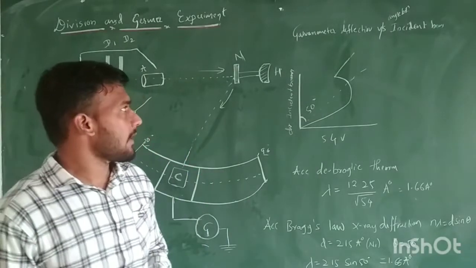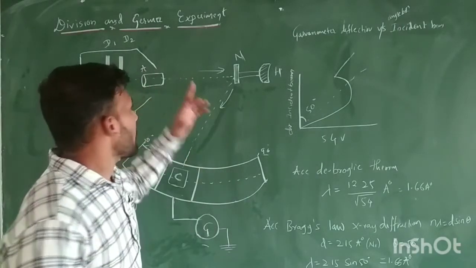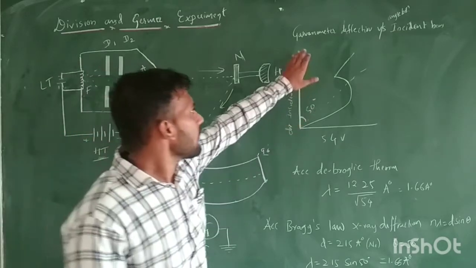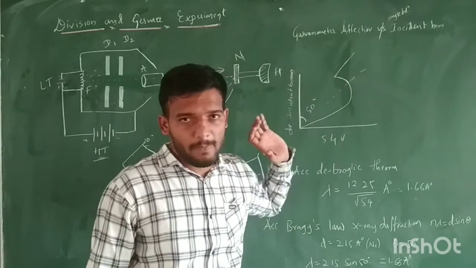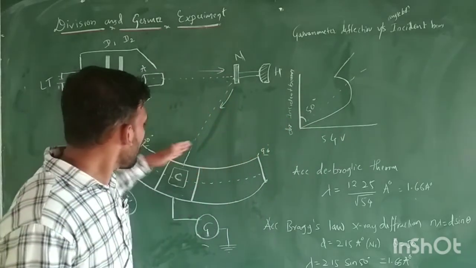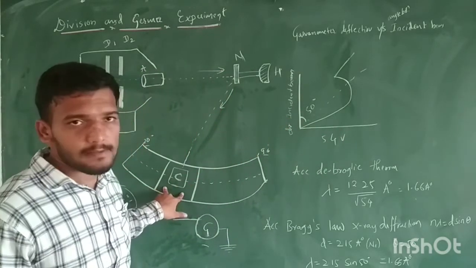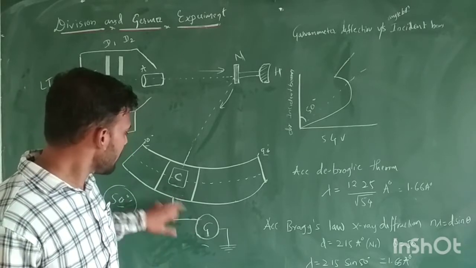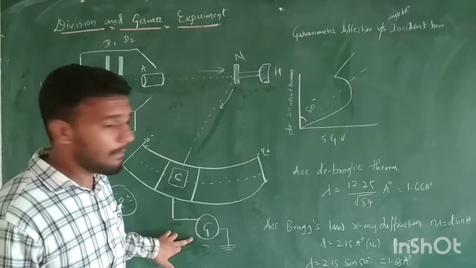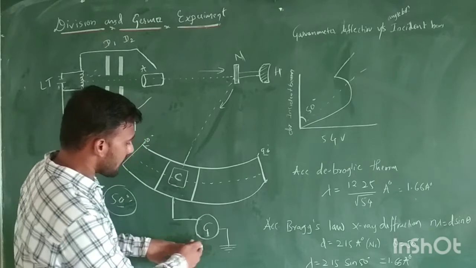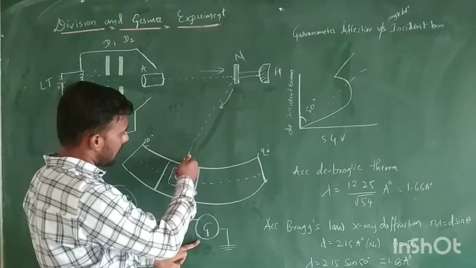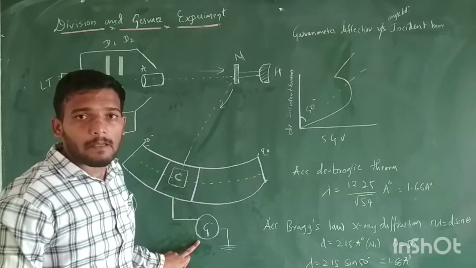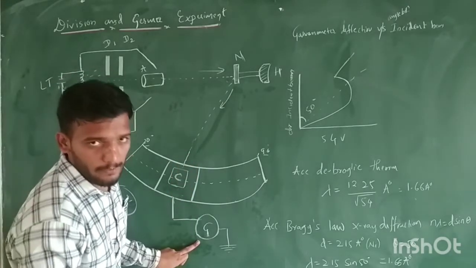Finally, in the Davisson and Germer experiment, we have to plot the graph of galvanometer deflection versus incident beam, the incident beam towards the Faraday cylinder. Why do you take the galvanometer deflection and this diffracted incident ray?